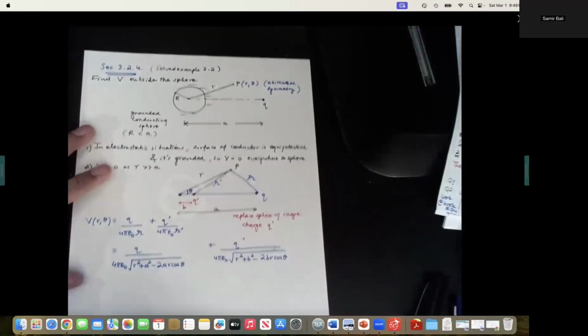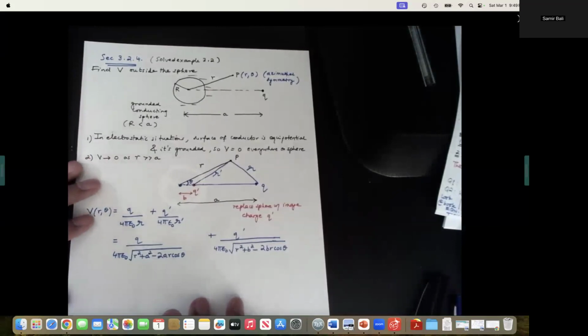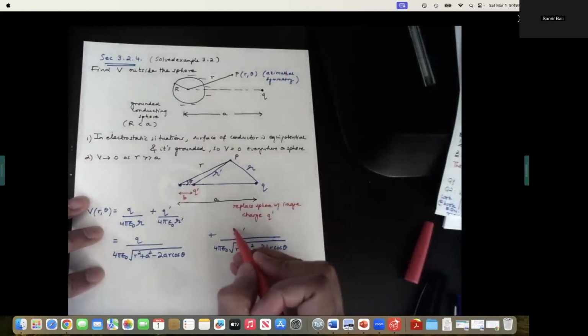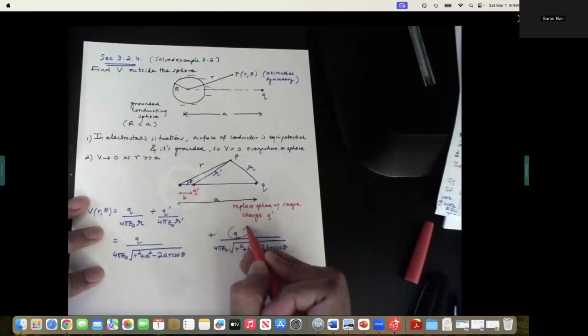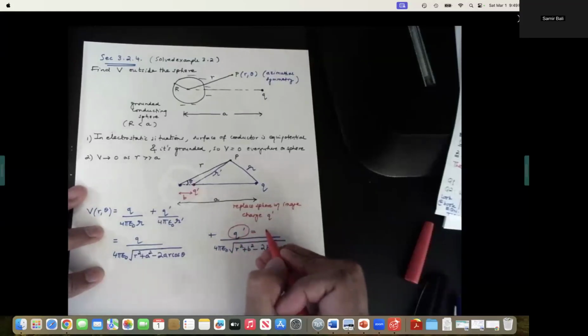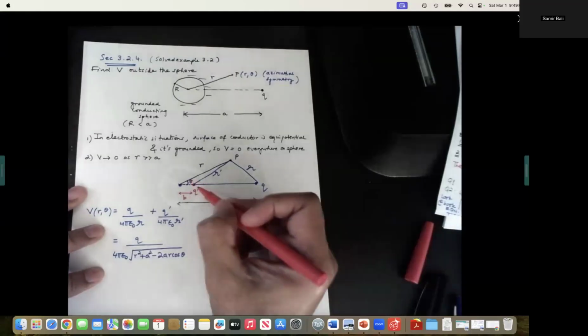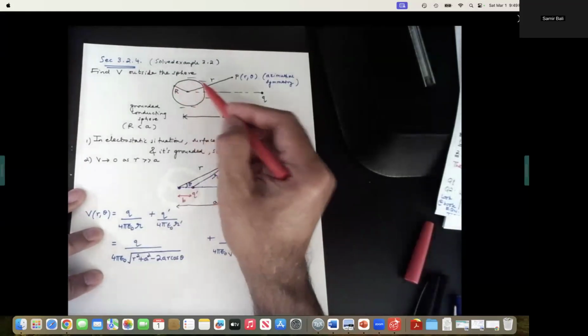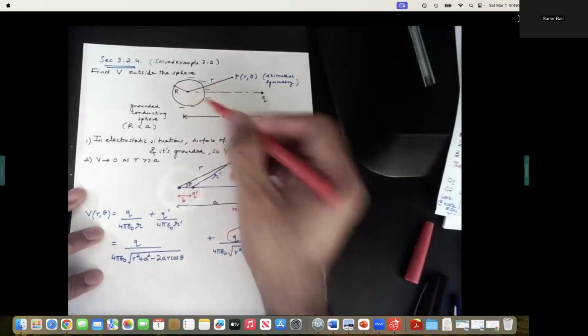All right, so I've got these two expressions. And now the question I have to ask myself. First, let me make one simplification here. Let's rewrite Q prime as some fraction of Q. It's the image charge, and this is a grounded sphere, so you do expect Q prime to have a negative sign.